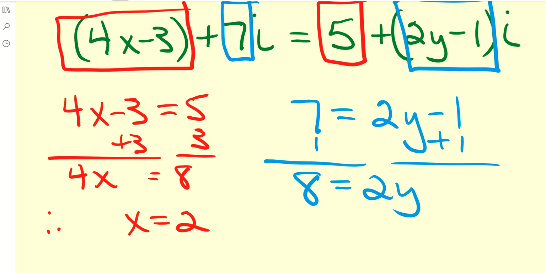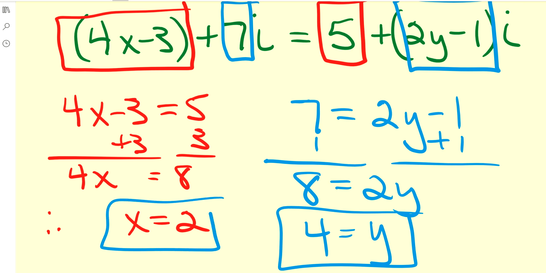Divide both sides by 2. So y is going to equal 4. And those are our solutions that we're looking for, because the same directive was given to us to find x and y under these conditions. And we did it. Very good. Next problem.